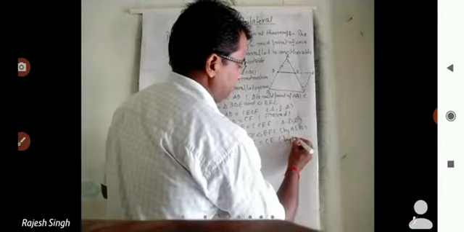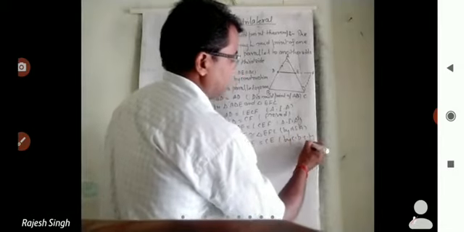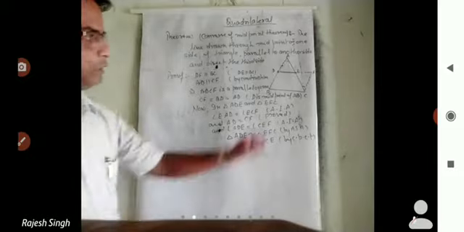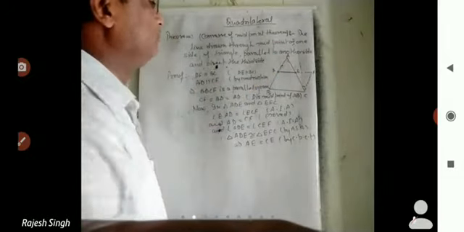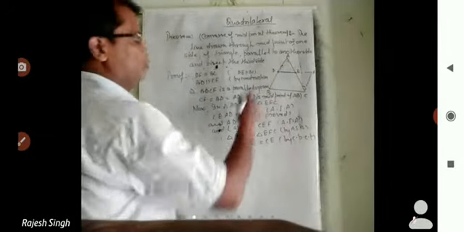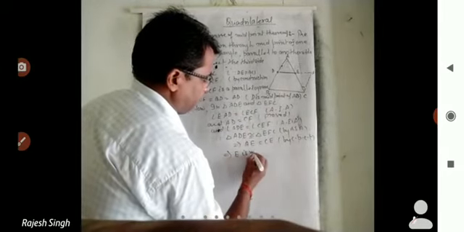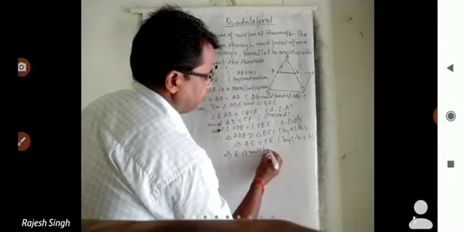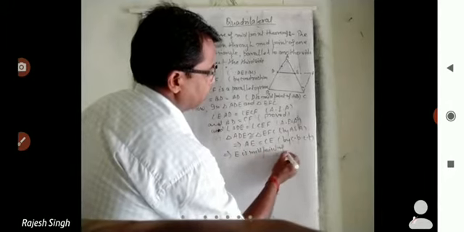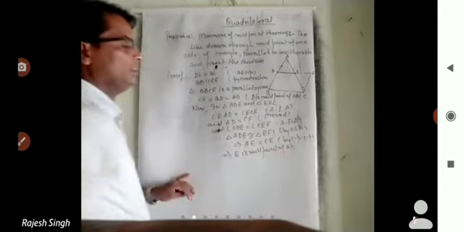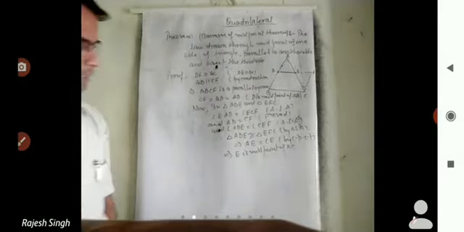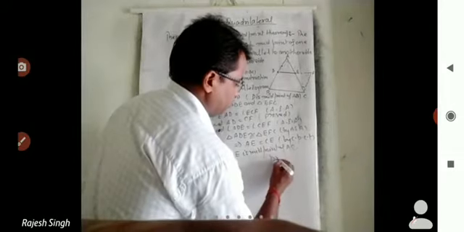When this proves that AE is equal to CE, what does this imply? E is the midpoint of AC, and that's what we wanted to prove.